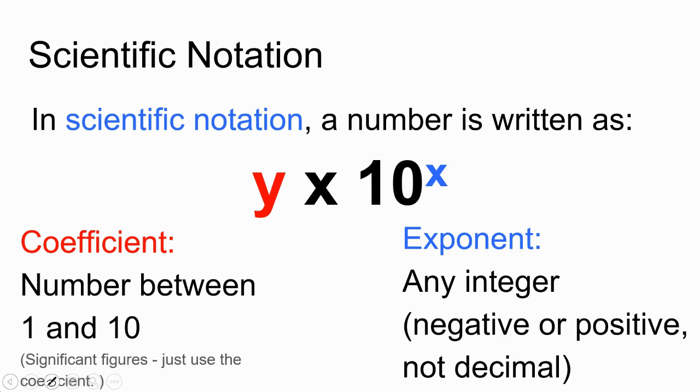This is where we're going to count our significant figures, in that coefficient. Okay, that will come up. And then the exponent just needs to be an integer. So just like a whole number, a no decimal number, integer.